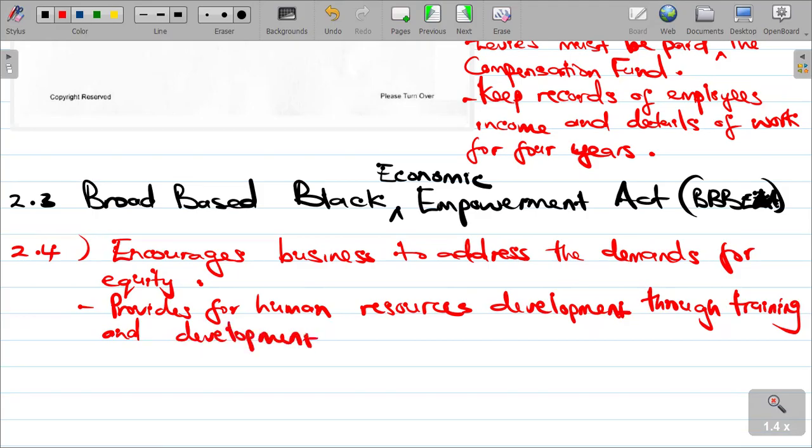This act promotes enterprise development.